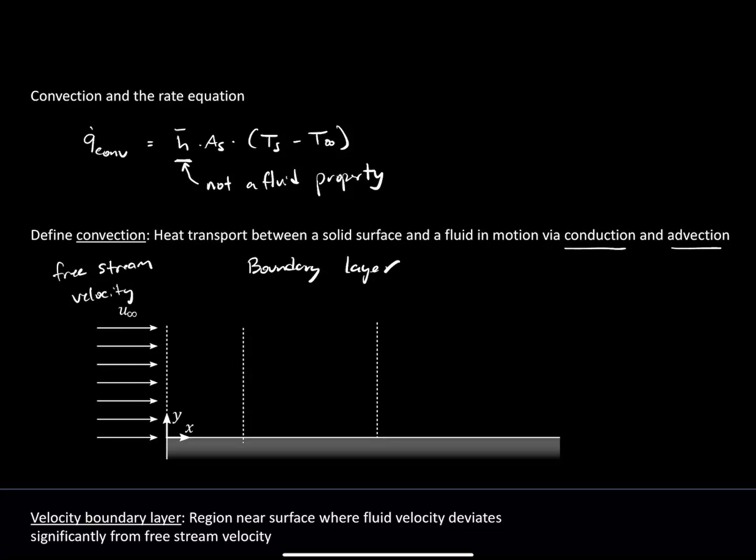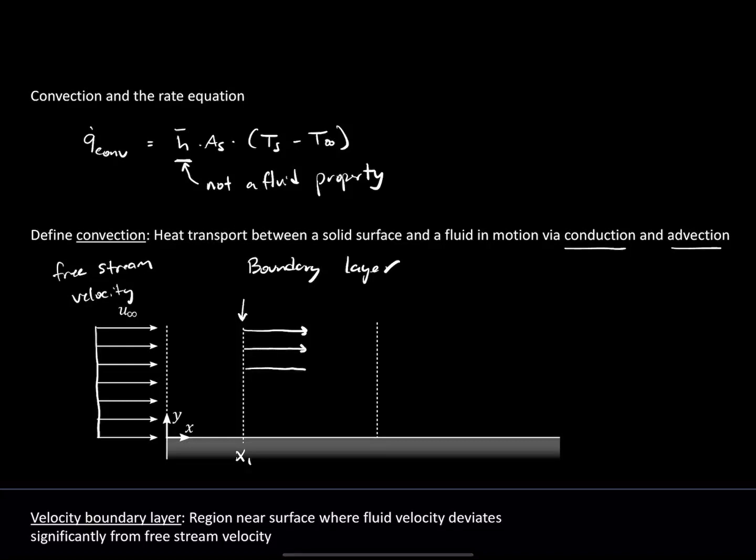Let's pick this position here, which we'll call x1, and sketch the velocity profile of the fluid. Over here we have a uniform velocity profile. Now if I sketch the velocity profile at this point, what is that going to look like? Well, out here, as you are far away from the plate, the velocity is basically unaffected.